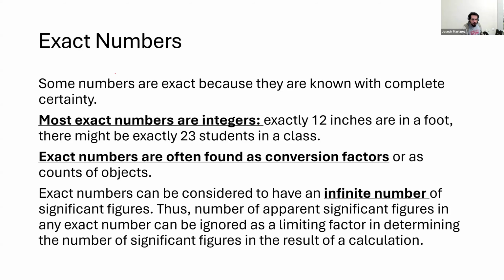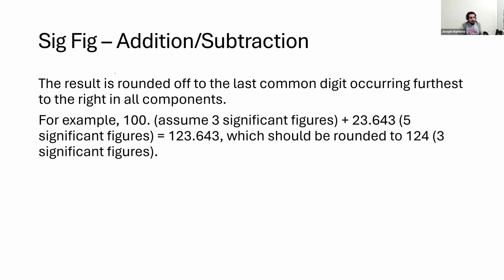So there are 2 main operations that you'll probably find, right? There's addition and subtraction, and there's multiplication and division. These are your main types of mathematical operations that occur. And both of these have different rules. So for example, with addition and subtraction, the rule is that you round it to the least common digit that is furthest to the right, right?